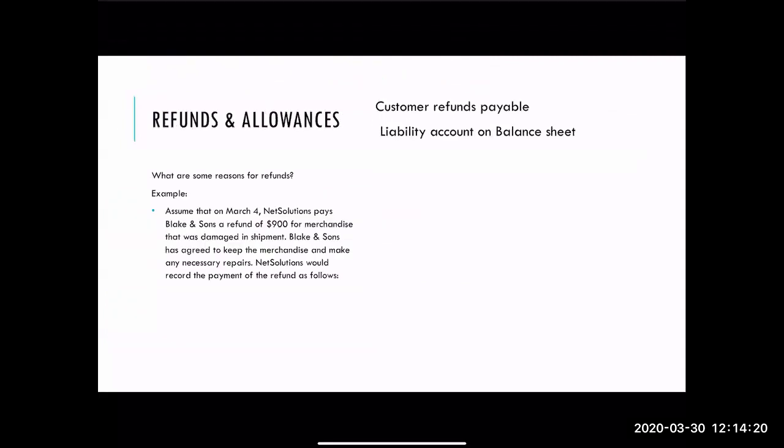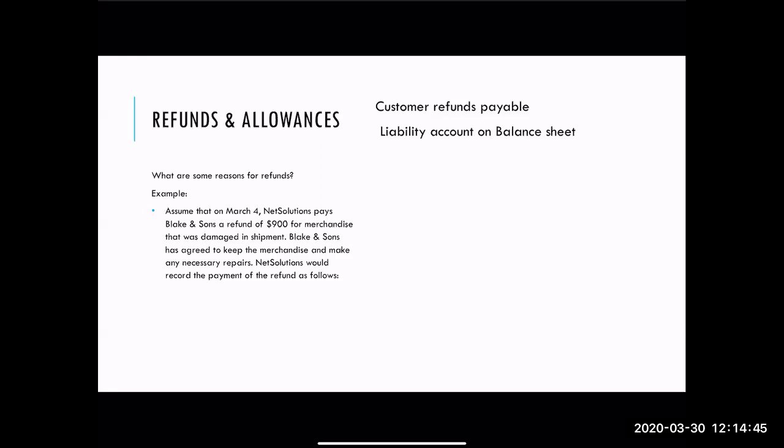All right, now focusing on refunds and allowances. What are some reasons for refunds? Think back to why you would return something. A buyer can return merchandise because it's defective, it was damaged during shipment, or it just doesn't meet the buyer's expectations.